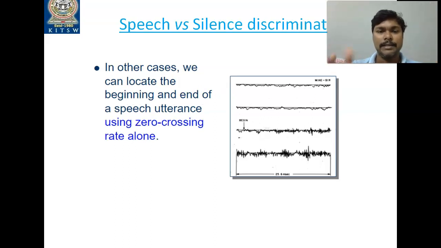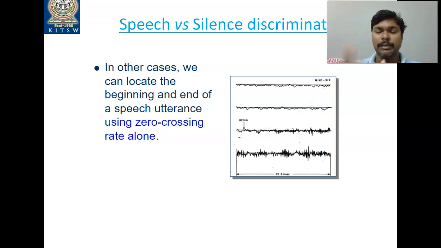In other cases we can also locate the beginning and end of a speech utterance using zero crossing rate alone. When you watch the previous video, you can easily see how we take the zero crossing rate by taking the magnitude.